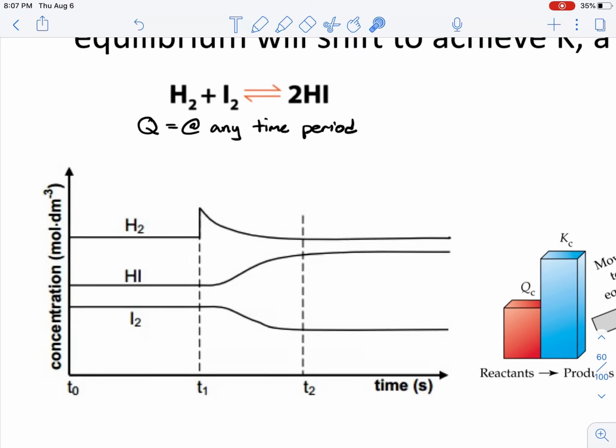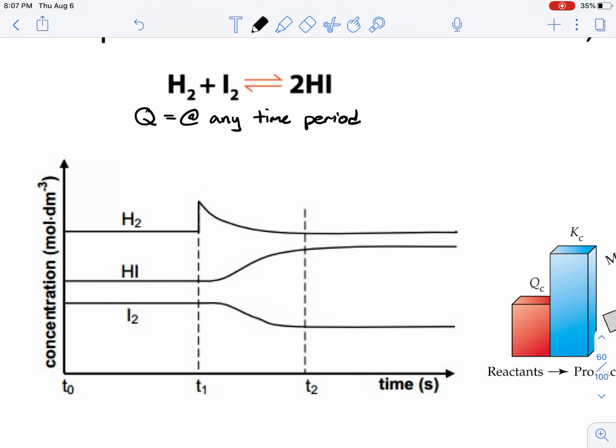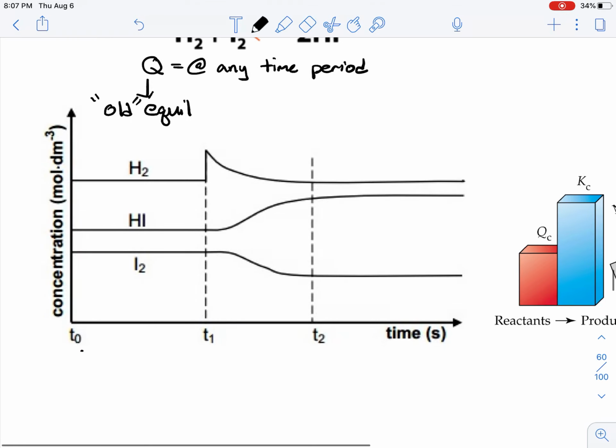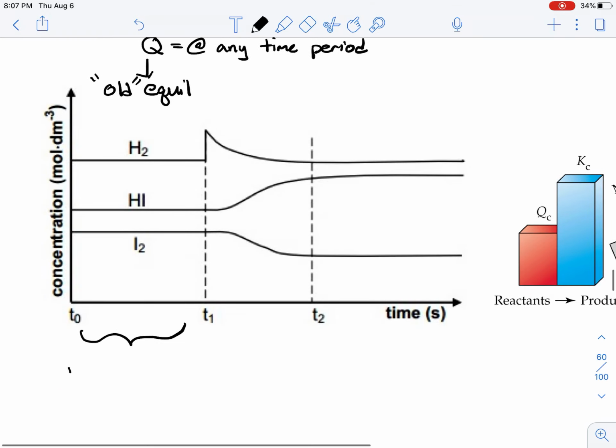And so Q, for this specific concept, Le Chatelier's principle, is going to represent the old equilibrium, the equilibrium before the stress was applied.